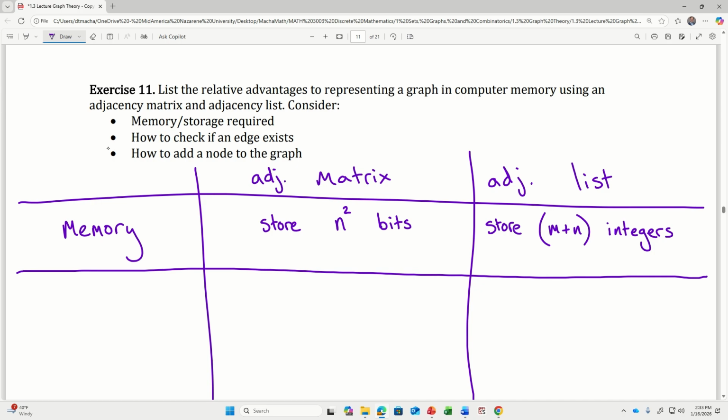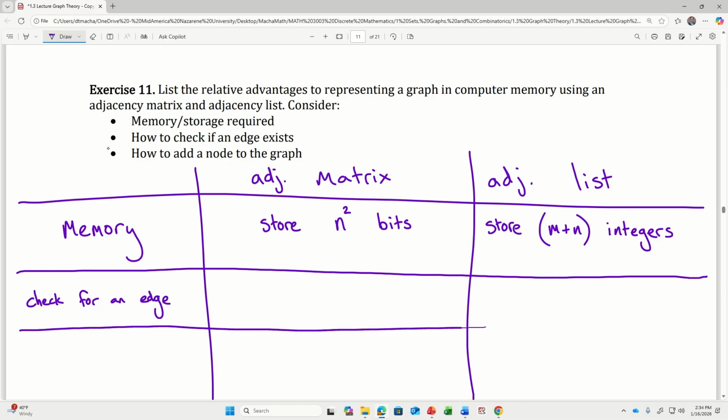The next thing we need to do is, what if I need to check if an edge exists? Facebook needs to do this. If you attempt to look at somebody's Facebook profile, Facebook runs a quick check and says, does the edge exist between Hudson and Carter?